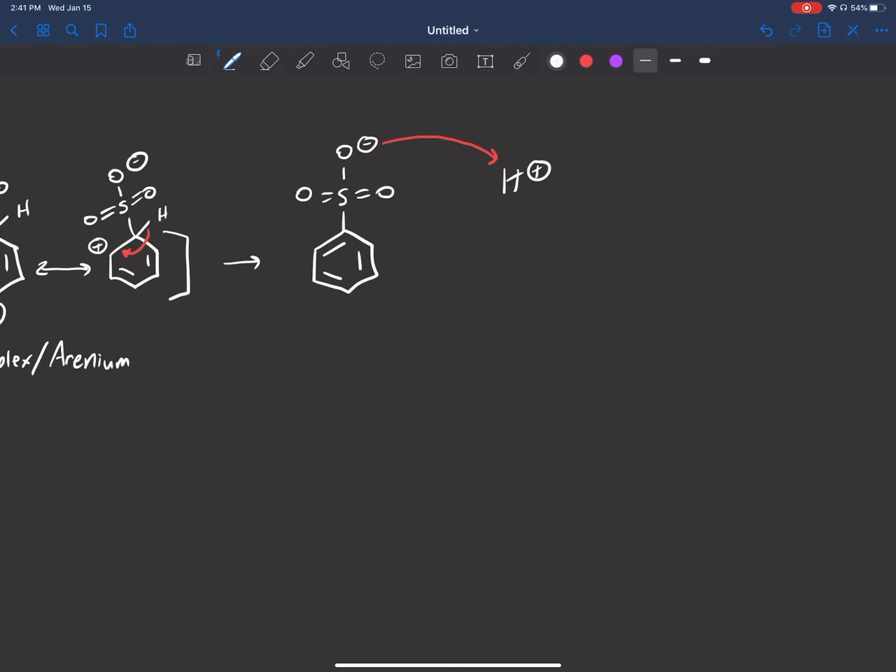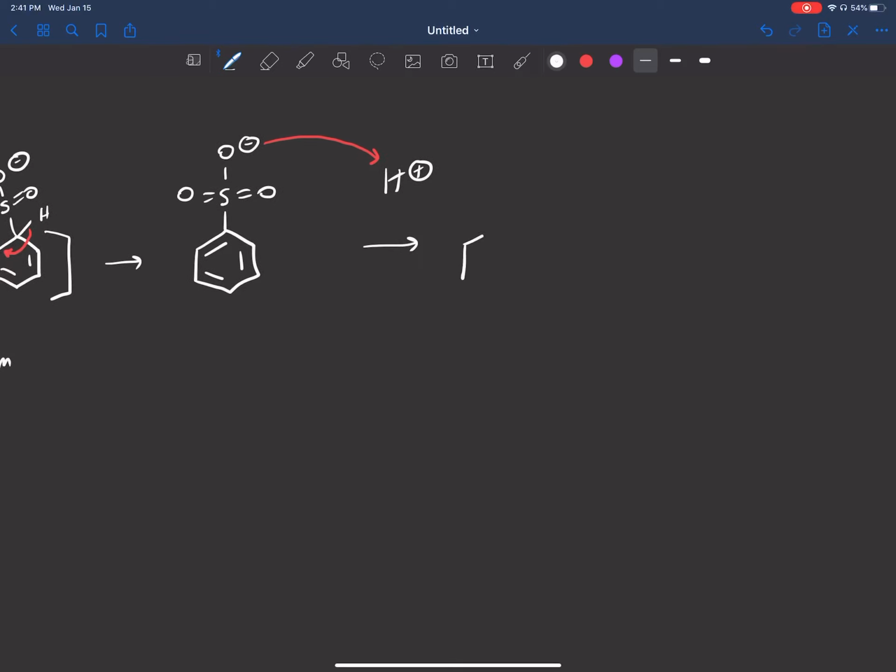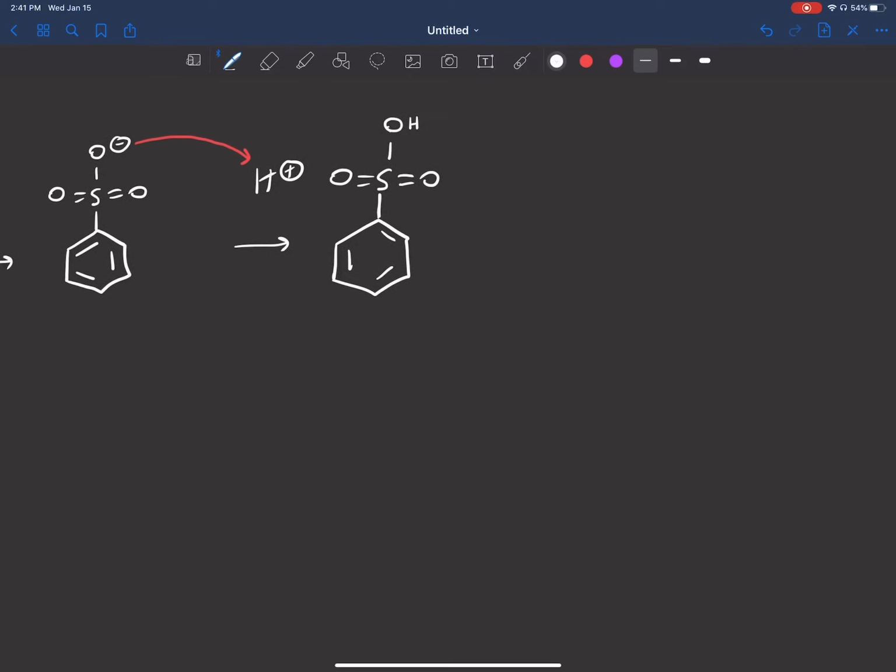It attacks that O minus, and the final product is going to be benzene with that SO3H group: S, 2 double bonded oxygens, and this OH. If you see it written as this, it's the same thing. SO3H. Sometimes we just write that to save time because no one wants to write out that full structure.